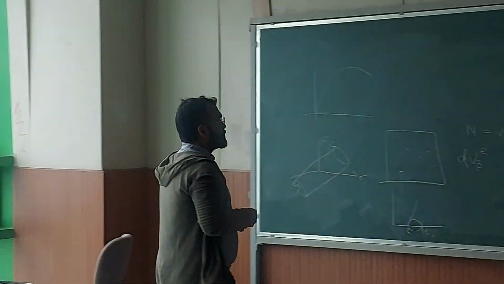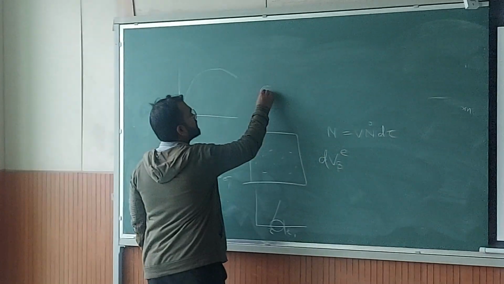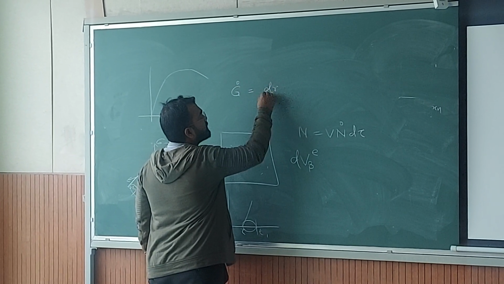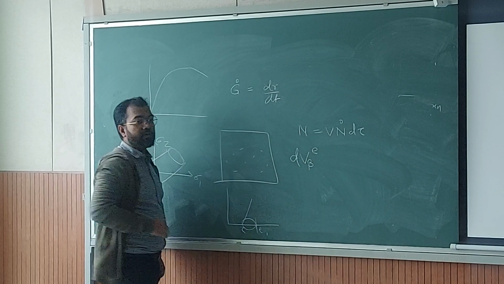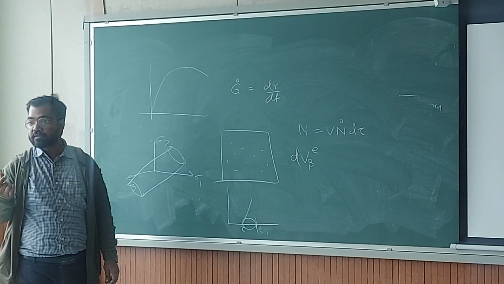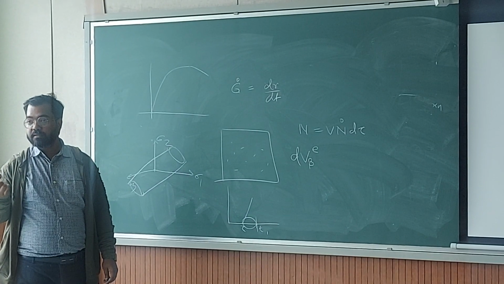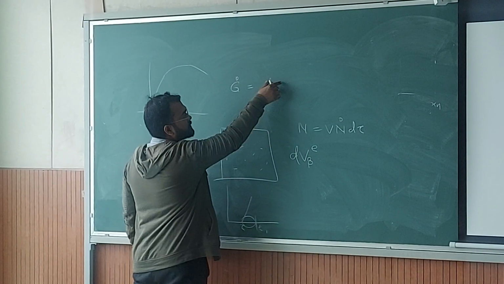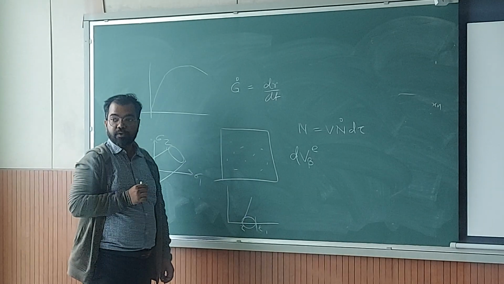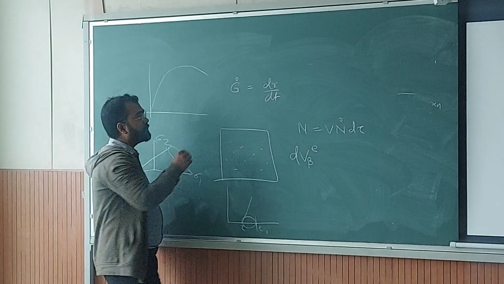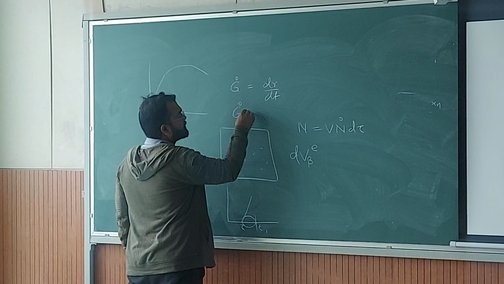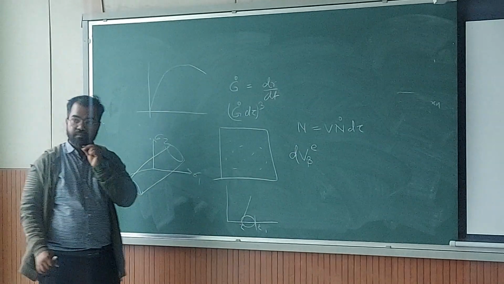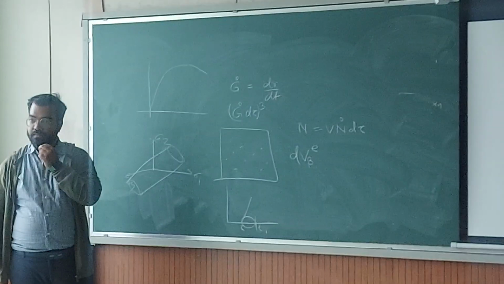Okay? So if the growth rate is defined as dr by dt, where you assume your voids or precipitates to be spherical, then the volume change is proportional to del r cube. So that will be proportional to the growth rate into dt cube, right?